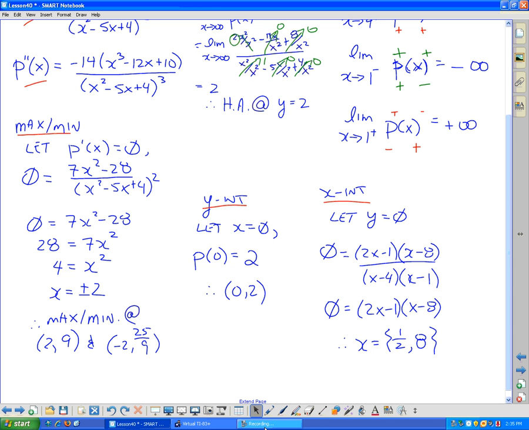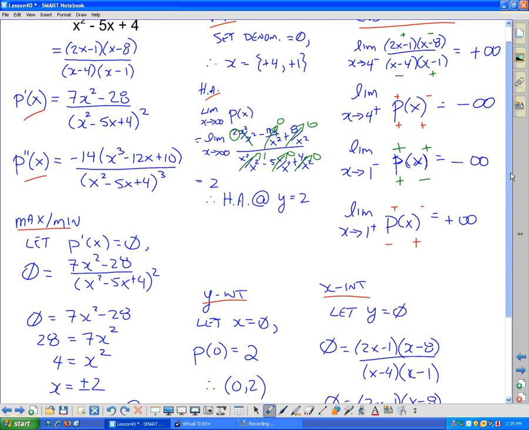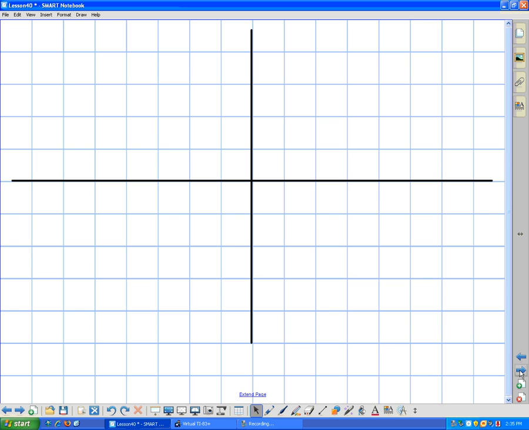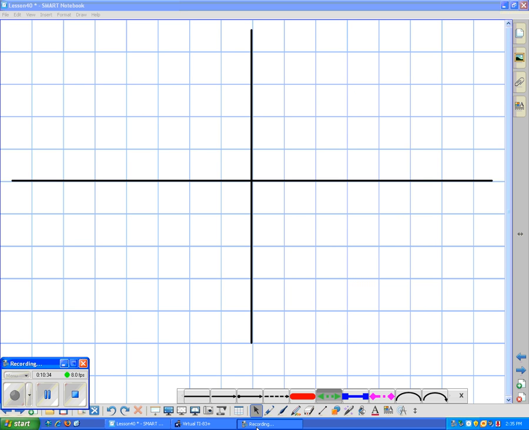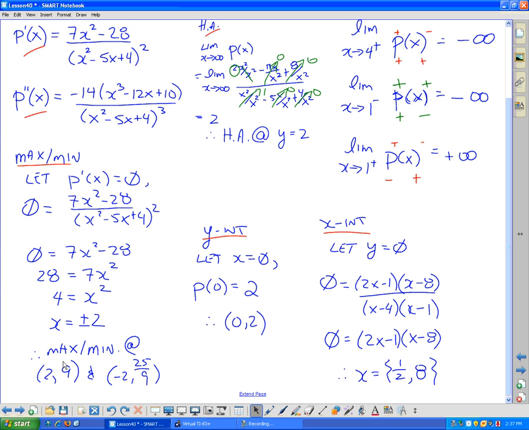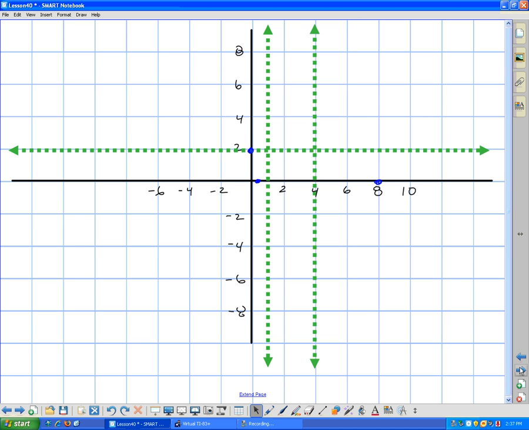So let's label all our information or bring it across. I've got vertical asymptotes at 4 and 1. Let's start there. I'm going to pause while I mark everything on for you. Okay, just bringing you back to what I've got labeled. I have everything labeled except I'm just putting my max mins on: (2, 9).